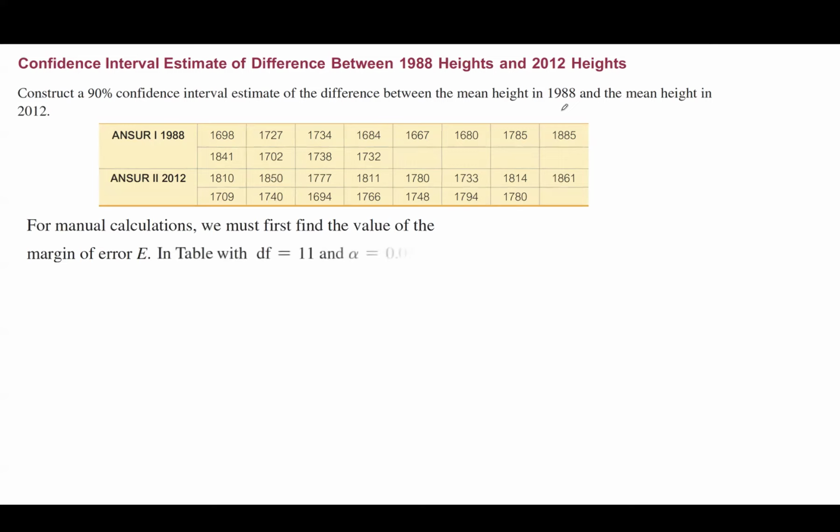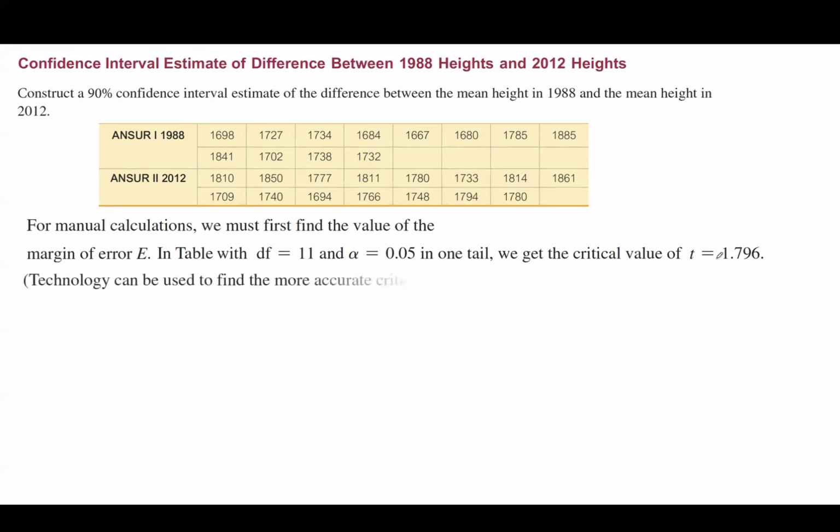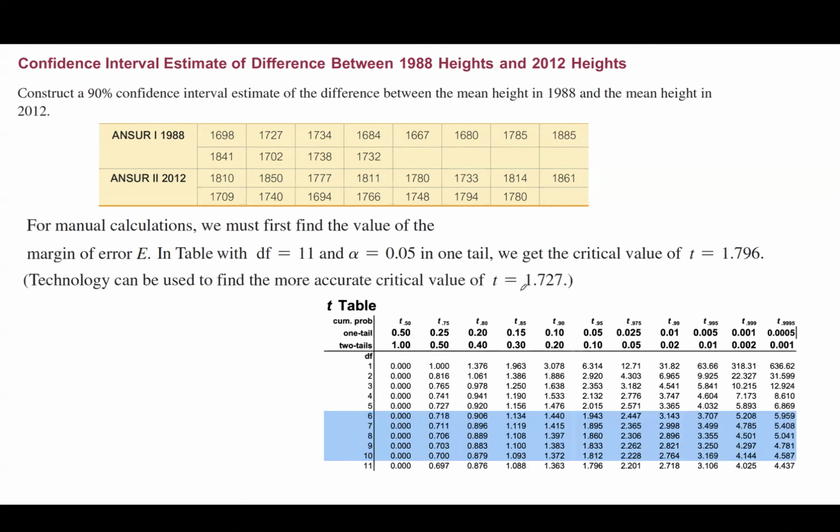We're going to use our t-table, with the degrees of freedom of the smaller value, which is 11. Alpha is 5% on one tail, and the critical value that we calculate is 1.796. Please note that this is just using the table. If you use a calculator or Python or any other software, you're going to get a more accurate value.